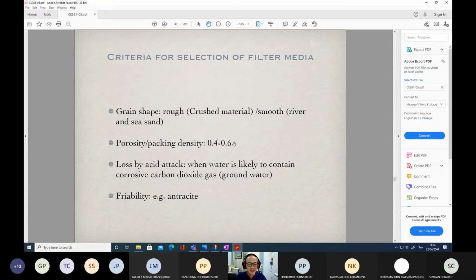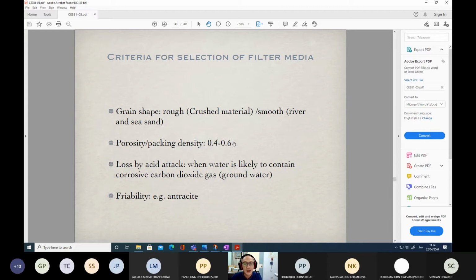Porosity or the packing density could be around 40 to 60%, lost by acid attack. This we also need to pay attention to because some of the media are a little bit sensitive to acid attack. Water sometimes contains some corrosive carbon dioxide gas, especially groundwater.